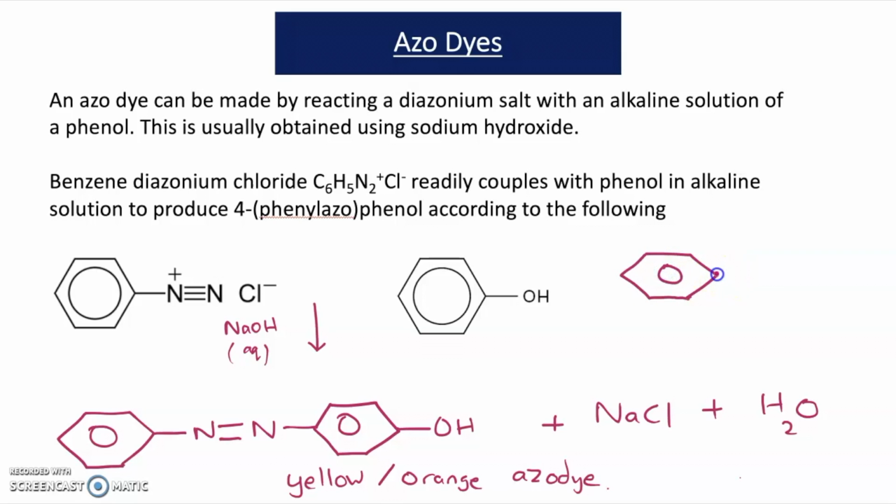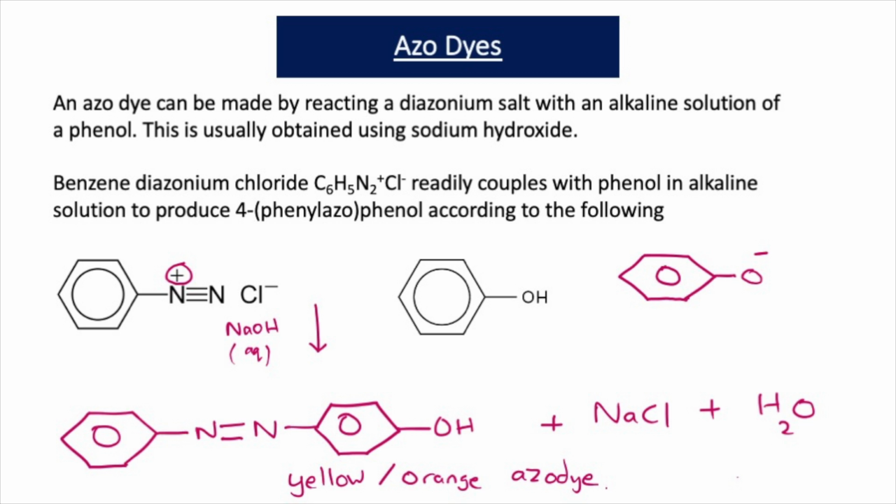Now it's this azo group in an azo dye which is responsible for absorbing light in the visible region and causing its colour. And this group is called a chromophore. Now the reason that NaOH is needed is because benzene diazonium chloride is a positive form of benzene.